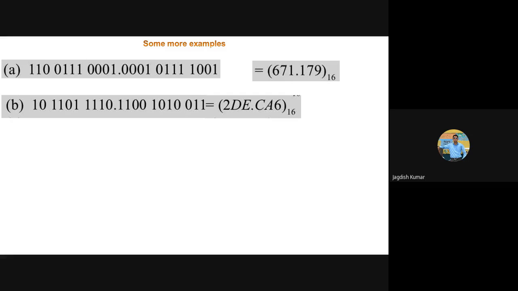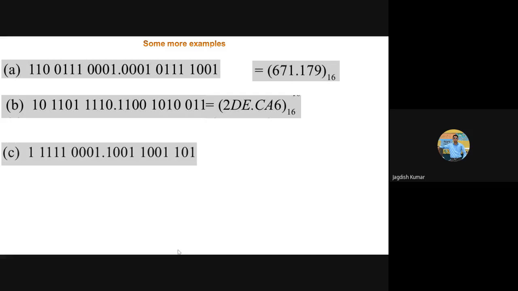Very nice. So you understood the logic. Okay, one last. This one. Again, let us see who is the fastest one. This is the last one. Last example. Good. Try it.